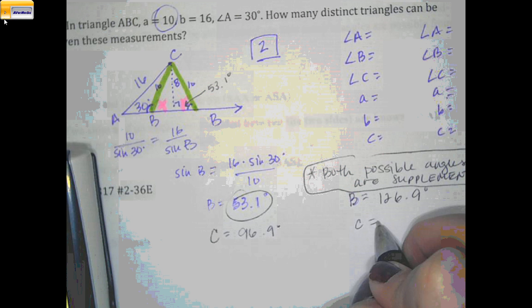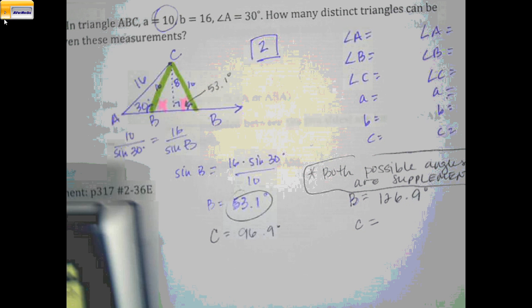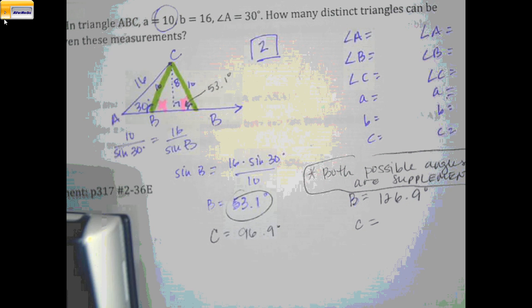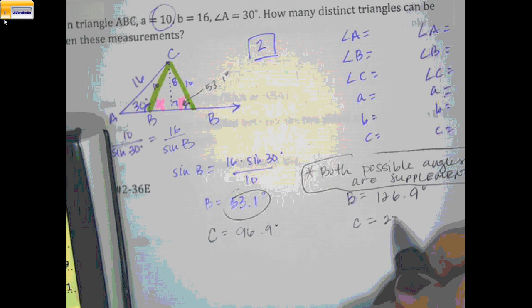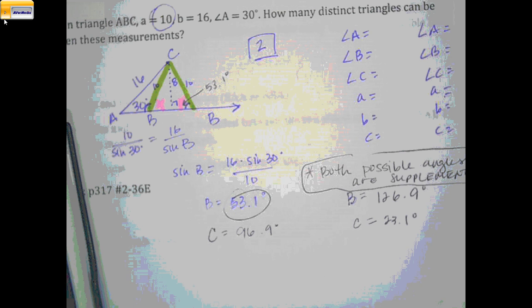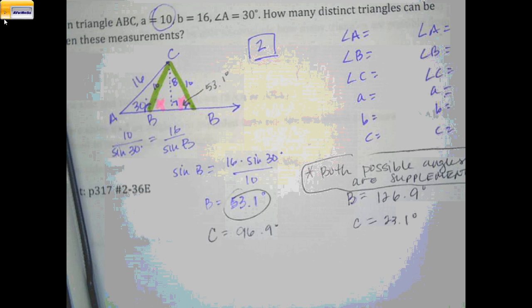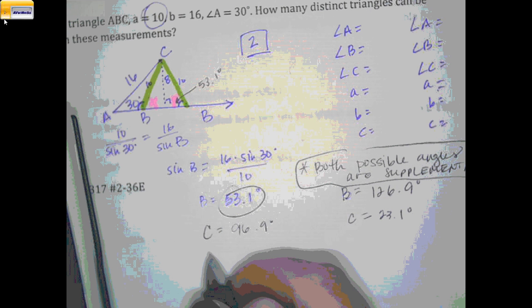We could do the same process on this one over here, actually. So 180 minus 30 minus 126.9. And for this triangle, C would be only 23.1 degrees. The only missing part we have now is we need to know what side C is, since we have everything else.